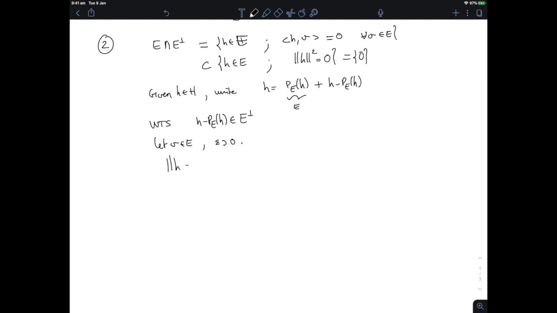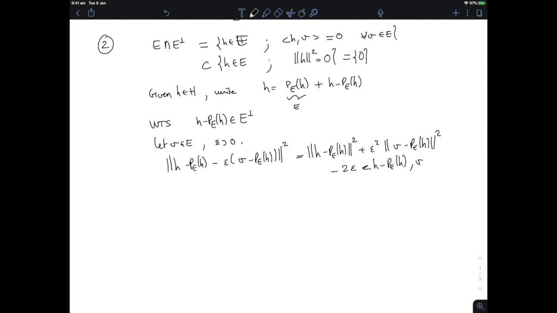So I'm going to expand H minus PEH plus a little something, or minus epsilon times V minus PE of H. Right, so let's perturb a little bit the ideal realization of the distance between H and E. Expand that, we get H minus PEH squared plus epsilon squared V minus PEH squared, and the cross term is minus 2 epsilon inner product H minus PEH with V minus PEH.